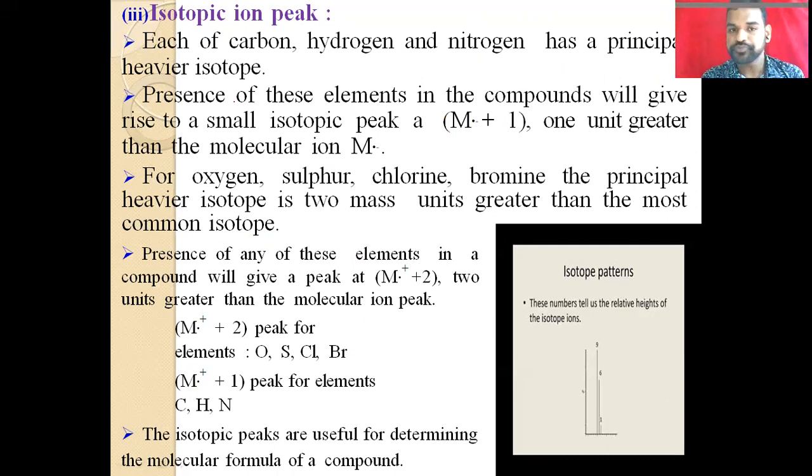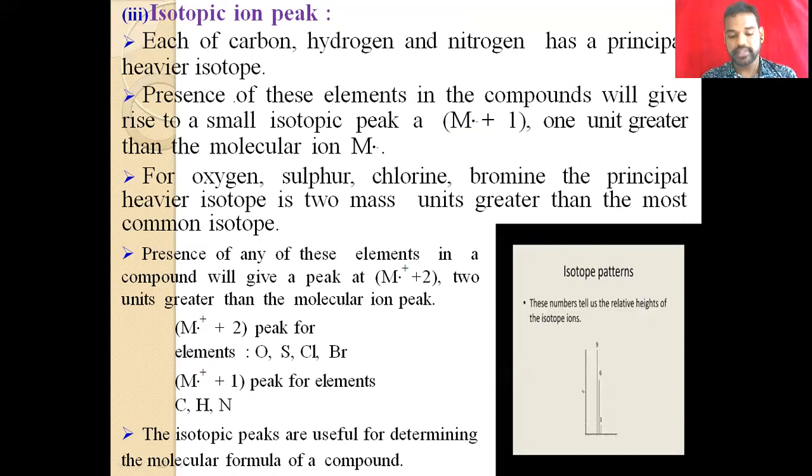For oxygen, sulfur, chlorine and bromine, the principal heavier isotope is 2 mass units greater than the most common isotope. That means for oxygen, sulfur and chlorine, it is not plus 1, it is plus 2. The difference between the isotopic mass and the parent peak is 2 here.